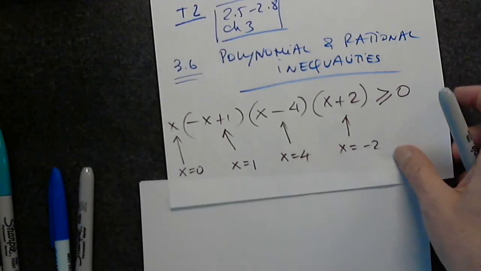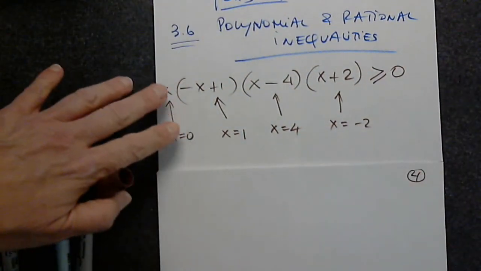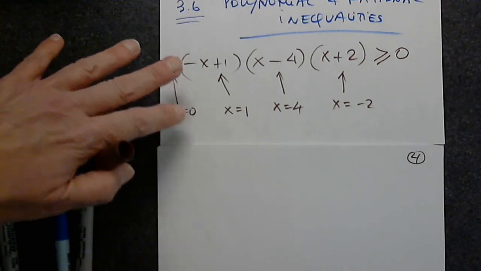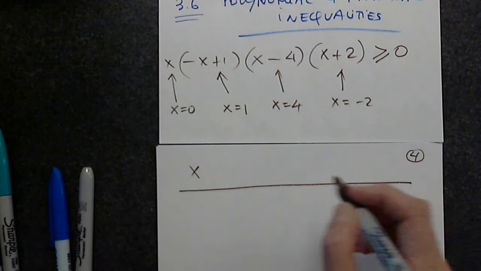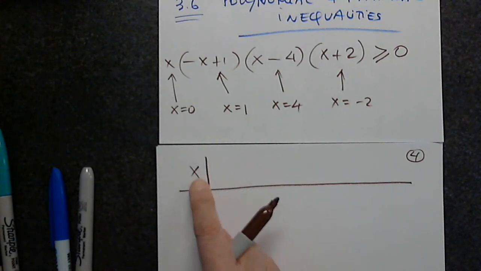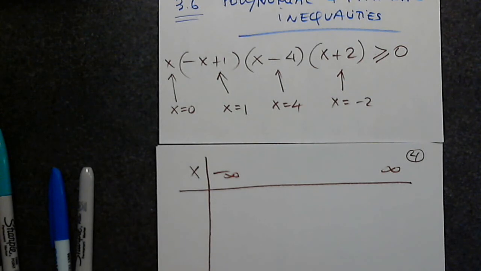So let's take a look at how to address this. This is the method I recommend, and of course, I accept other methods. Let's create a table in which x at the top is the only variable in the problem. X at the top is none of the factors we see.